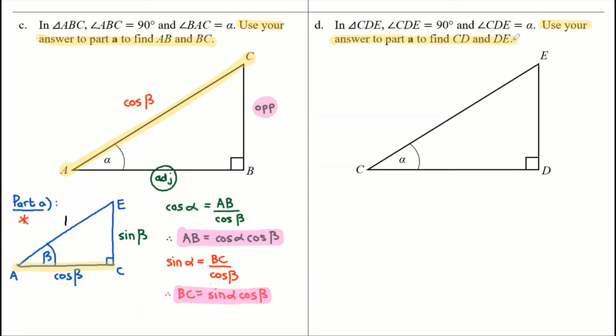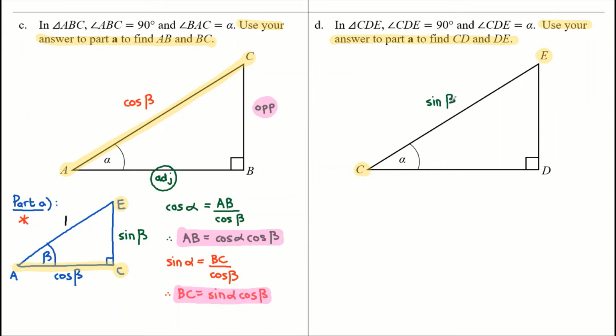Now this time, you'll notice that the side I've got here is EC, or CE if you like. Now that corresponds to this side here, CE. So I know I'm going to label this one as sine of beta. And if you're wondering what all this is for, you'll find out in a minute. Okay, so we've got sine beta.